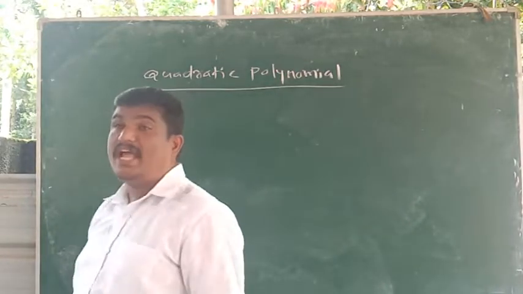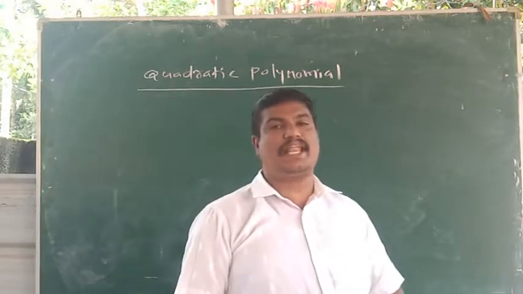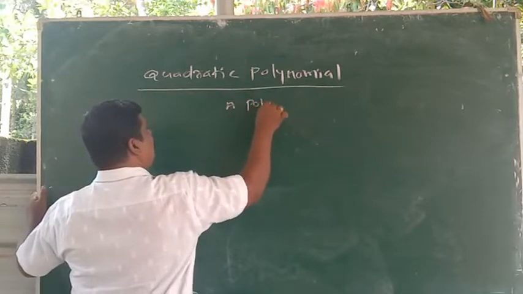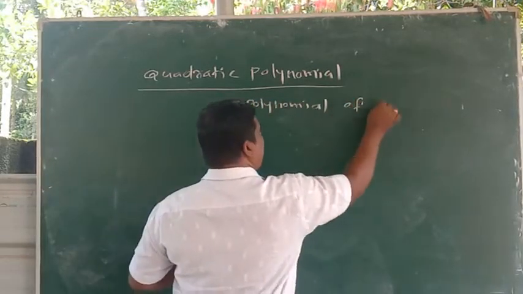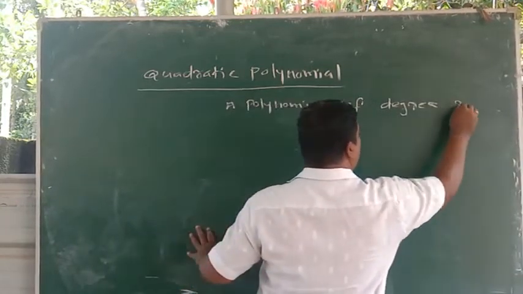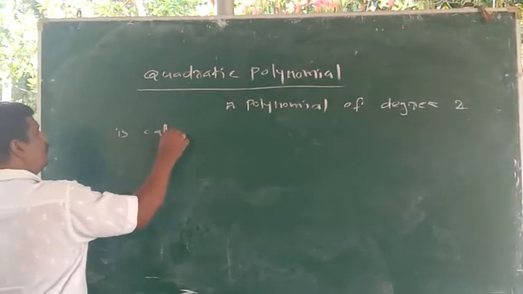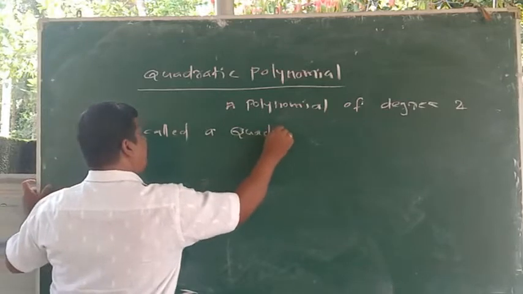A quadratic polynomial is a polynomial of degree 2. A polynomial of degree 2 is called a quadratic polynomial.